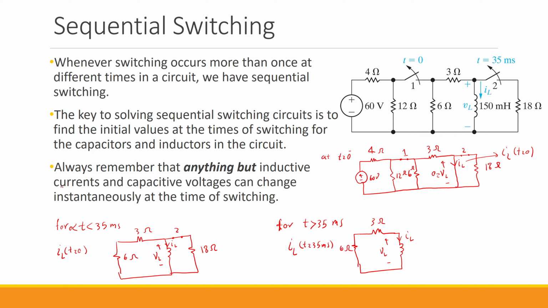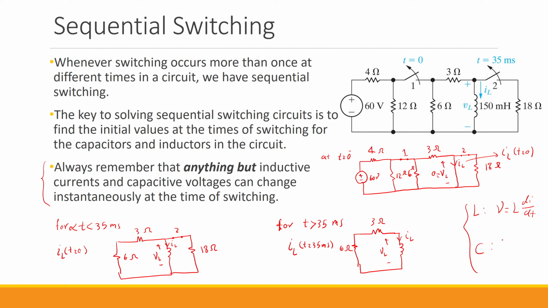One thing that you should always remember is that anything but inductive currents and capacitive voltages can change instantaneously at the time of switching. This is derived based on the general equations for the inductor and capacitor. For the inductor, V equals L di over dt. The current cannot change instantaneously because that would require an infinite amount of voltage, but the voltage can change.